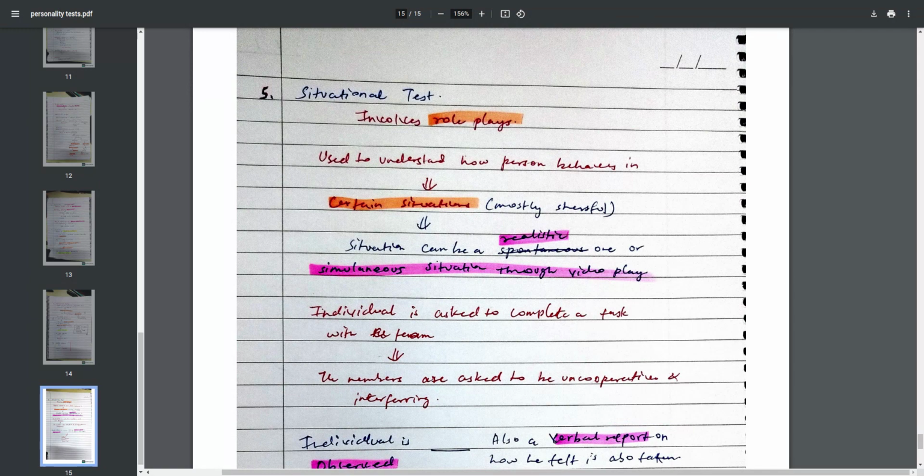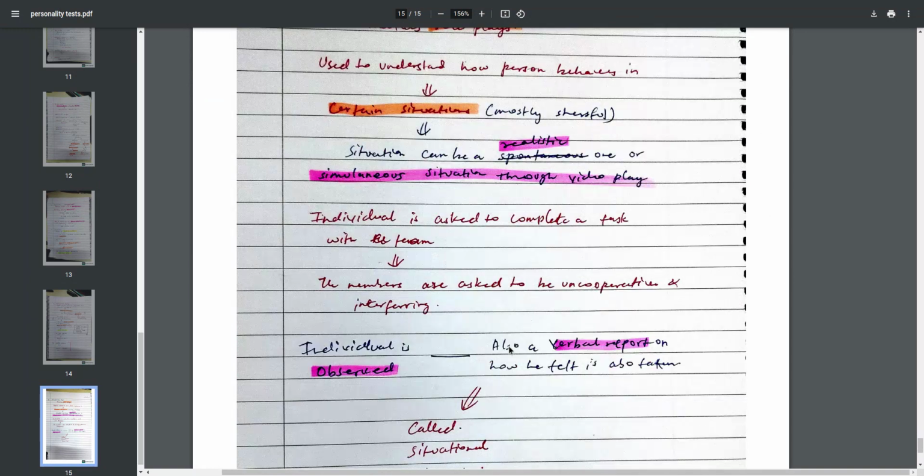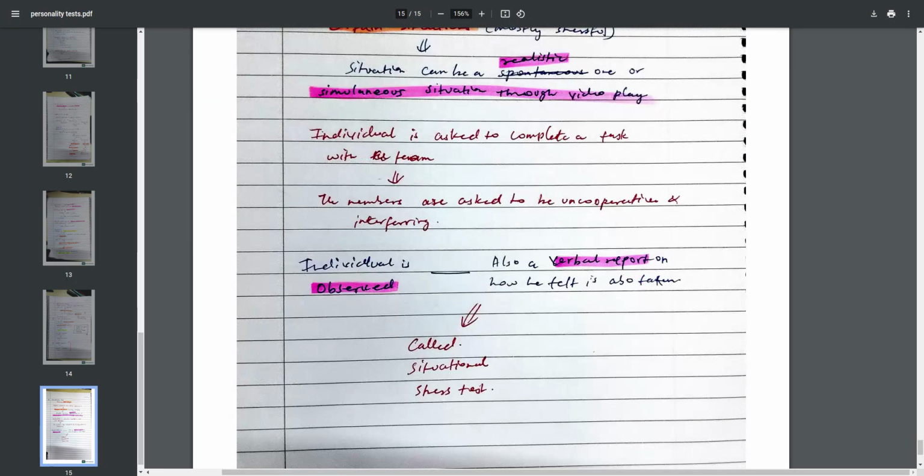Here, the individual is asked to complete a task along with a group. But then the group members are basically trained, they are asked to be uncooperative and interfering and disturbing. They are not asked to cooperate with the subject, and it assesses the way the subject behaves in this situation.